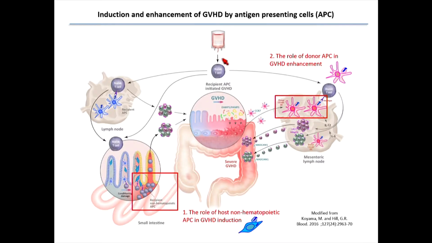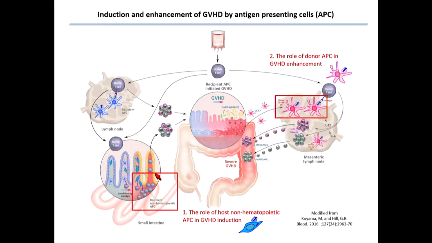They go to the lymph node or target organ directly, and then they are presented antigen by the recipient, mostly recipient APCs. That includes hematopoietic APCs and also non-hematopoietic APCs, which are not really appreciated so far. But half of my talk today is about the role of the host non-hematopoietic APC in GVHD induction.